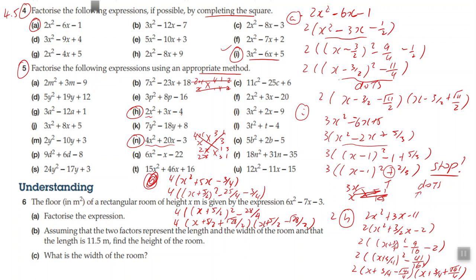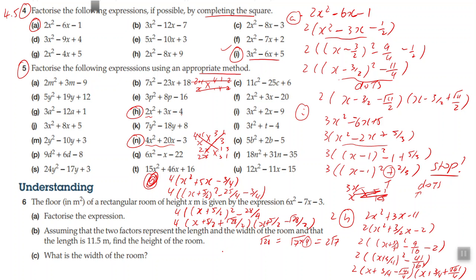I'm not sure whether the book simplifies this, but root 28 on 2 as a surd, well, root 28 is the same as root 7 times root 4. If you take the 4 out, you get 2 root 7.